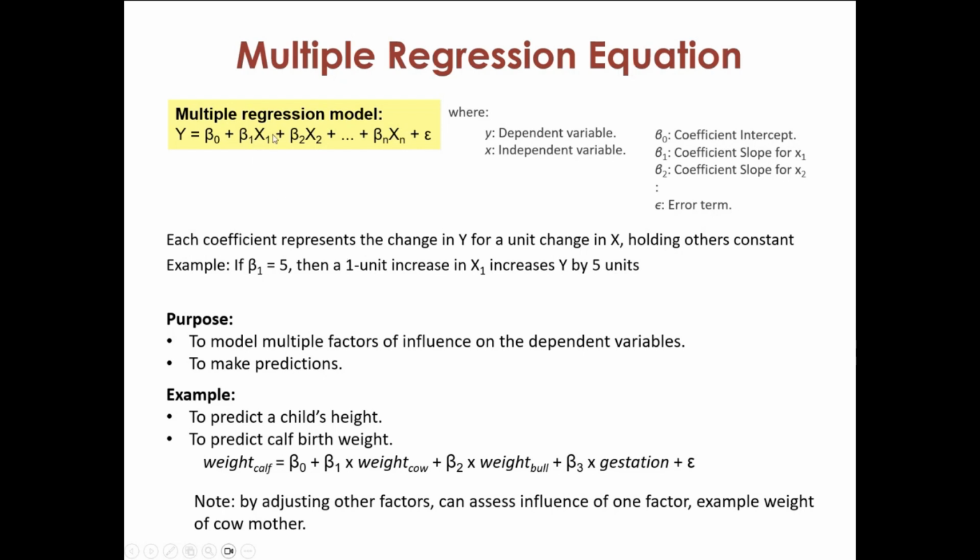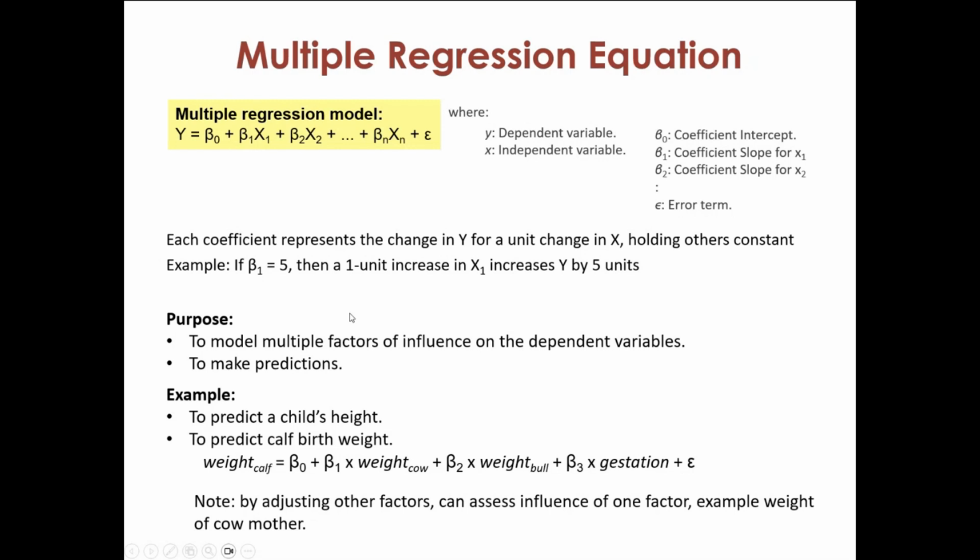The beta 1, beta 2, the coefficients, represent the weight that affects how fast y changes when x is changing. For example, if beta 1 is 5, then 1 unit of increase in x1 will increase y by 5 units. If beta 1 is 100, then 1 unit increase in x will increase y by 100. So it has a bigger impact.